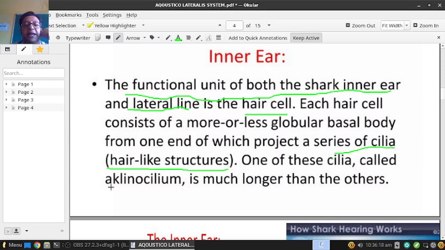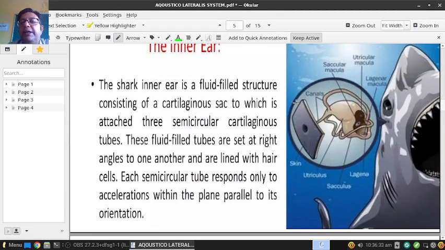One of these cilia is known as the kinocilium. It is much longer than the others. One of them is very long among the small ones, the kinocilium. So basically they detect the changes. If you look at the shark inner ear on the right side of the picture, can you see the picture of the shark?